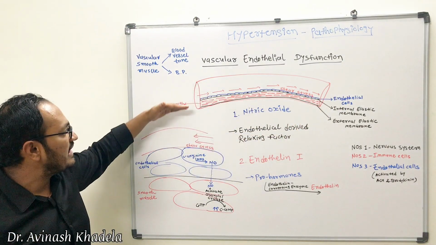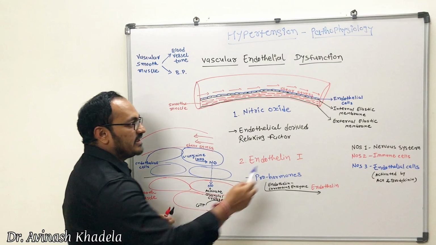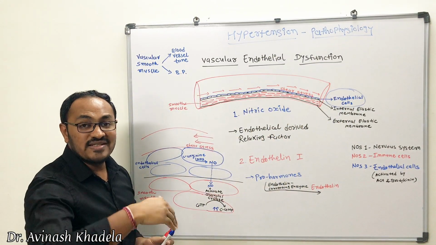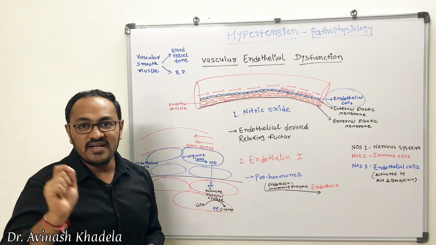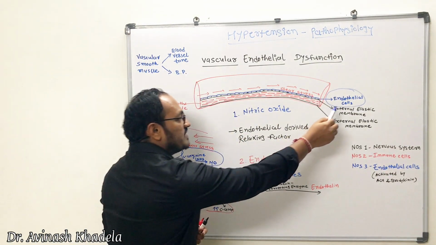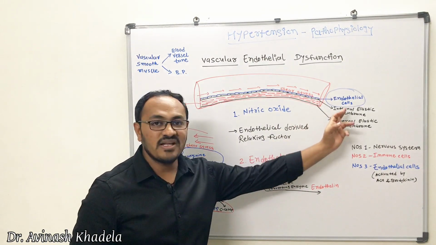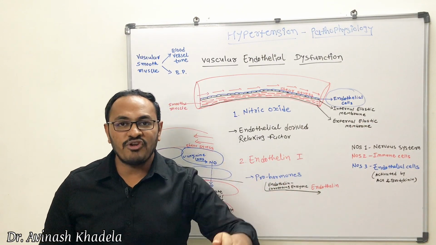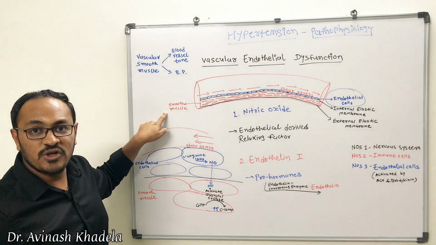There are three layers, in which this is the endothelial cell. This endothelial cell is directly exposed to the blood flowing inside the artery. Beneath the endothelial cell, there is an internal elastic membrane, which supports contraction and relaxation mediated via vascular smooth muscle.